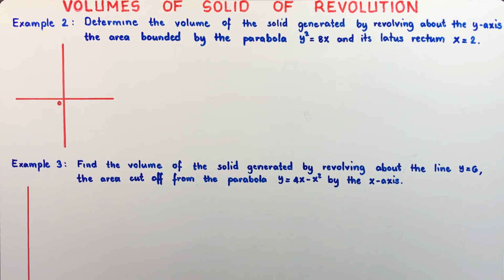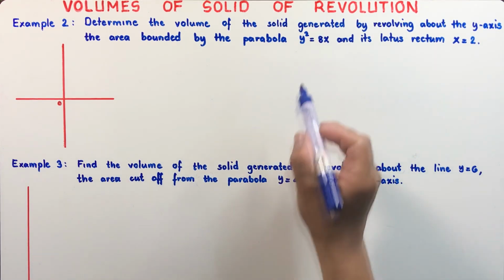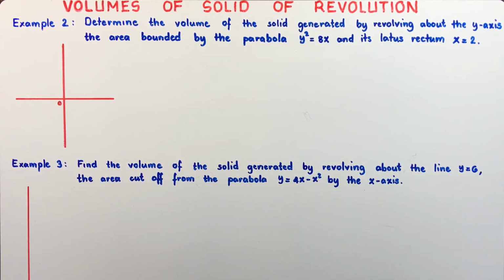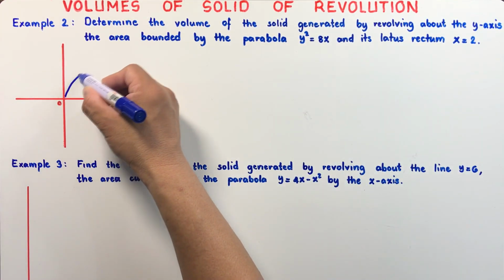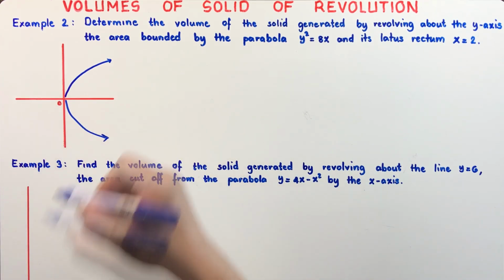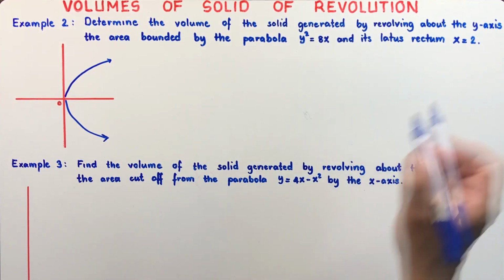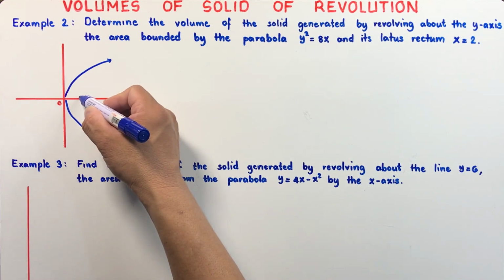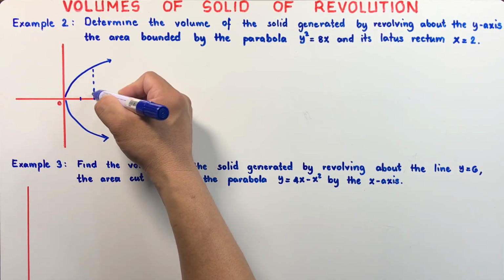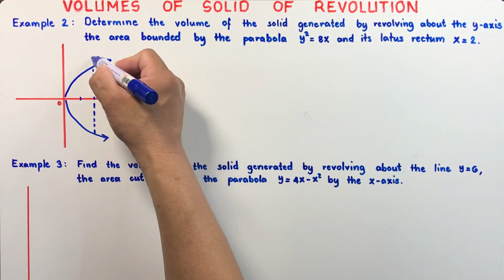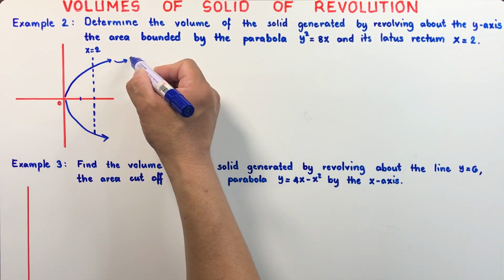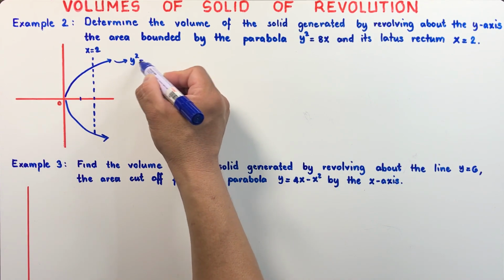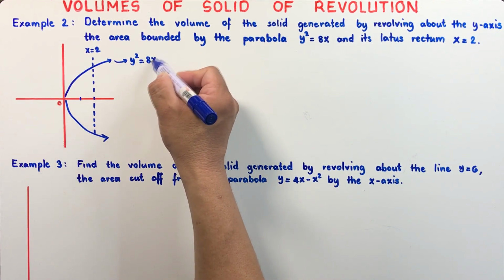So first, let us sketch the graph of the area bounded by these curves. We know that the graph of this is a parabola opening to the right, and the latus rectum is at the line x equals 2. So this is the latus rectum here, but this one is defined by the function y squared equals 8x.